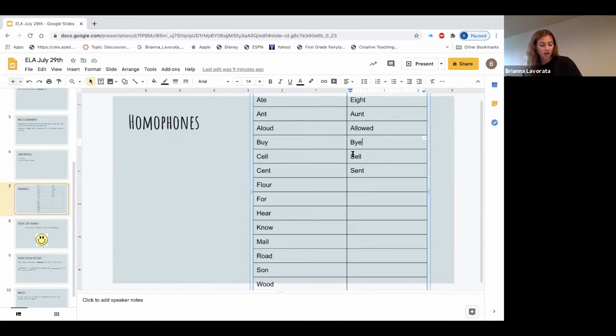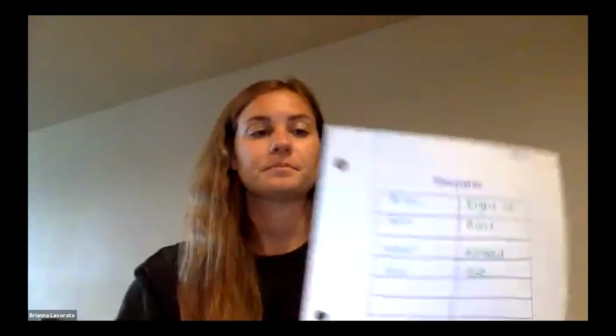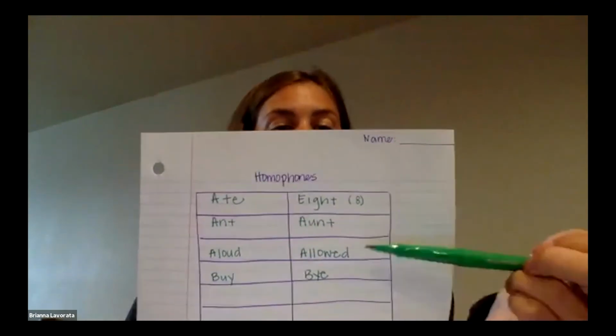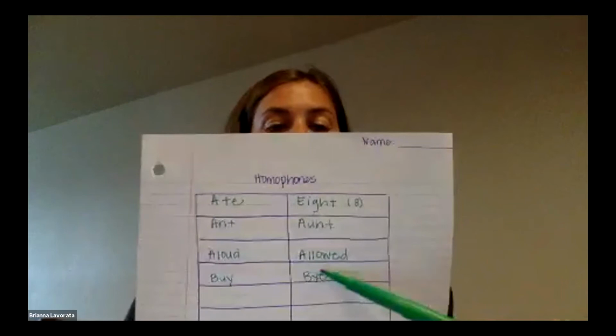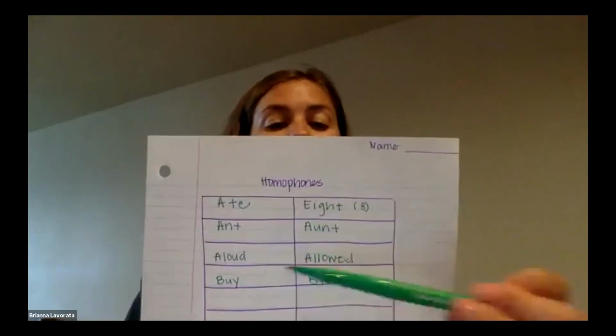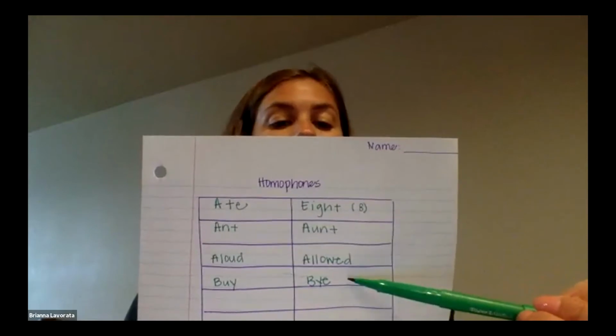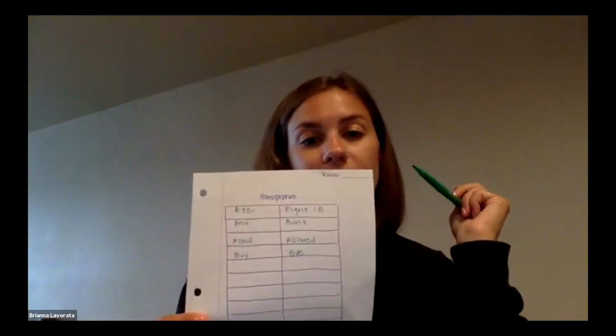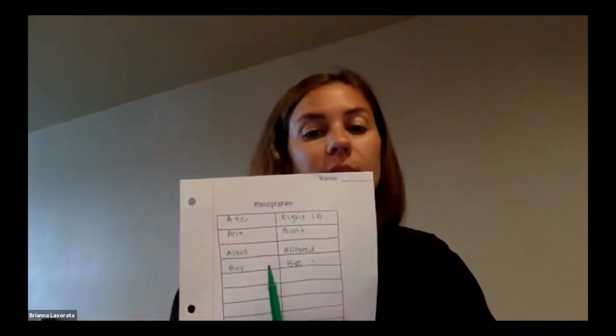So in your next column, please write bye, like I am waving goodbye. Okay. So you should have ate, aunt, allowed, and then buy. So I went to the store to buy a candle. I am waving bye to my friend as she is leaving my house. Okay, same pronunciation, different spelling, and different meaning.